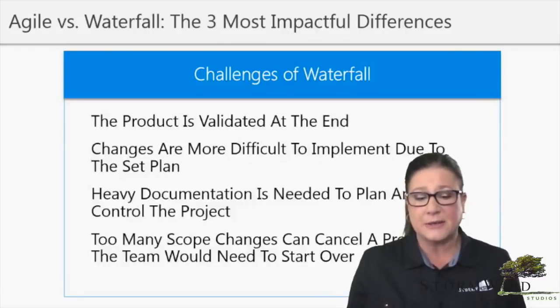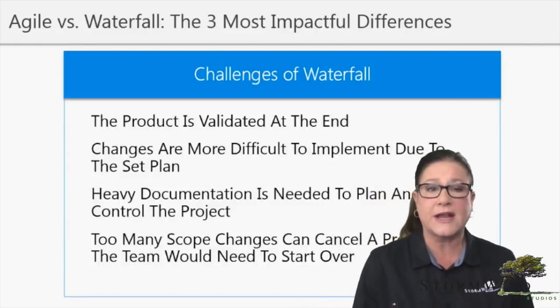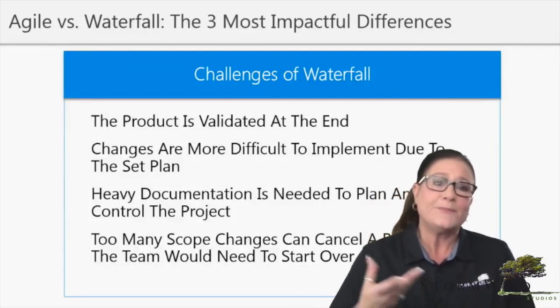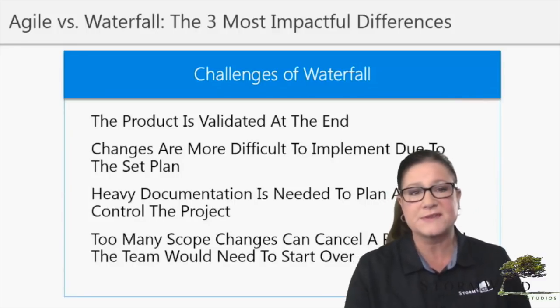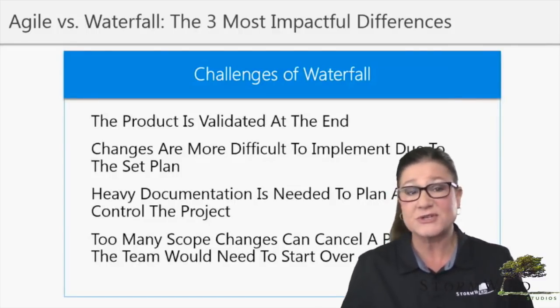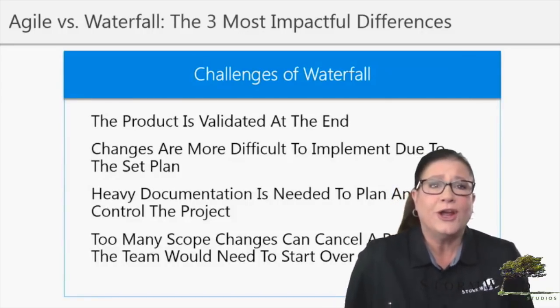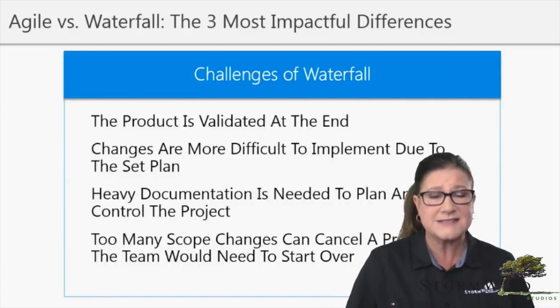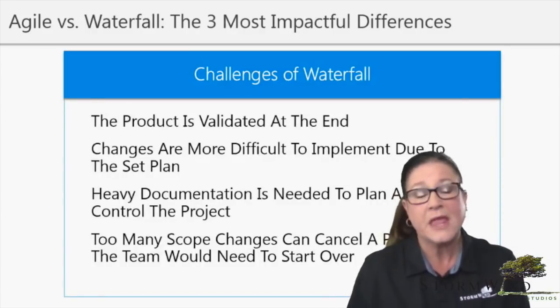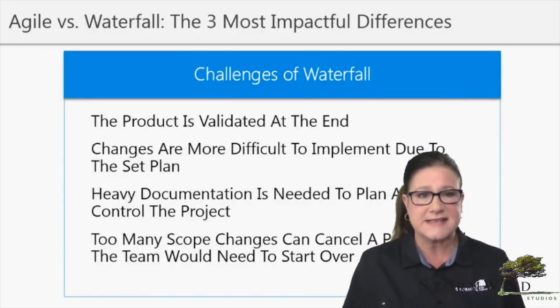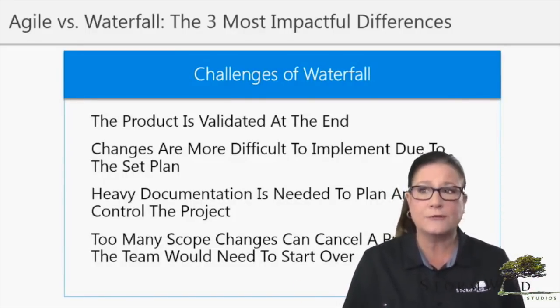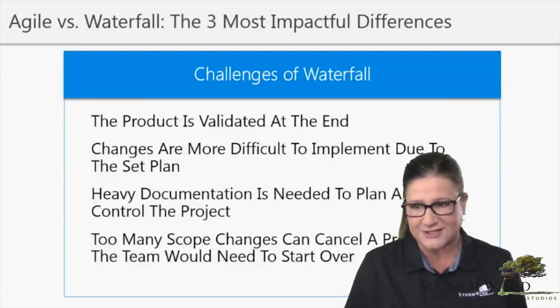That's very frustrating because if we set things up on the front end and we gather requirements, then we're hoping that we're producing the correct end result. It doesn't always work out that way. And changes in the middle of this are super difficult in some cases to actually implement because we actually have a set plan. Another thing about waterfall is heavy documentation.